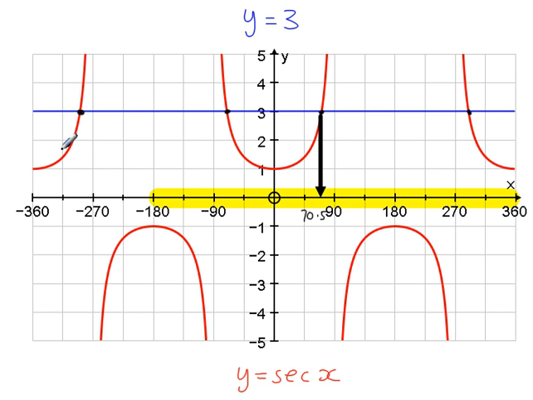And by symmetry, because the secant graph here is perfectly symmetrical about the y-axis, if that's 70.5, then I know this one here will be minus 70.5. So far I have these 2 solutions, and this one here is 360 degrees away from this one here.